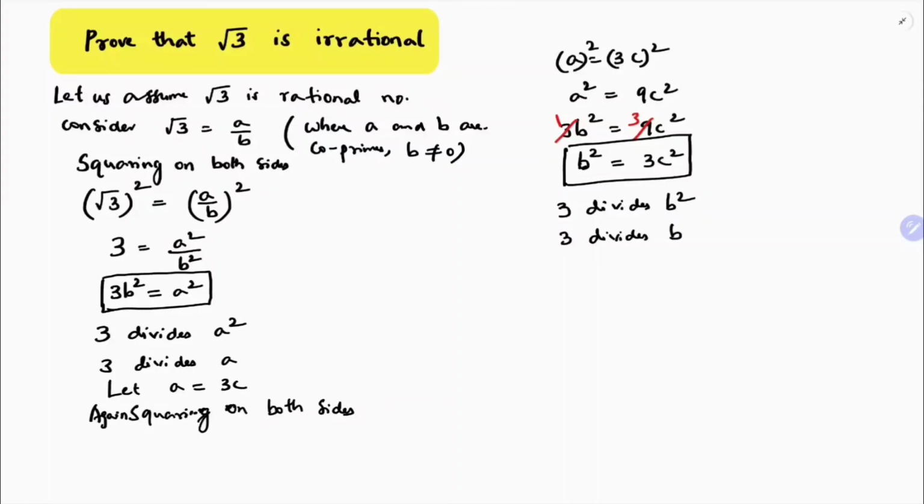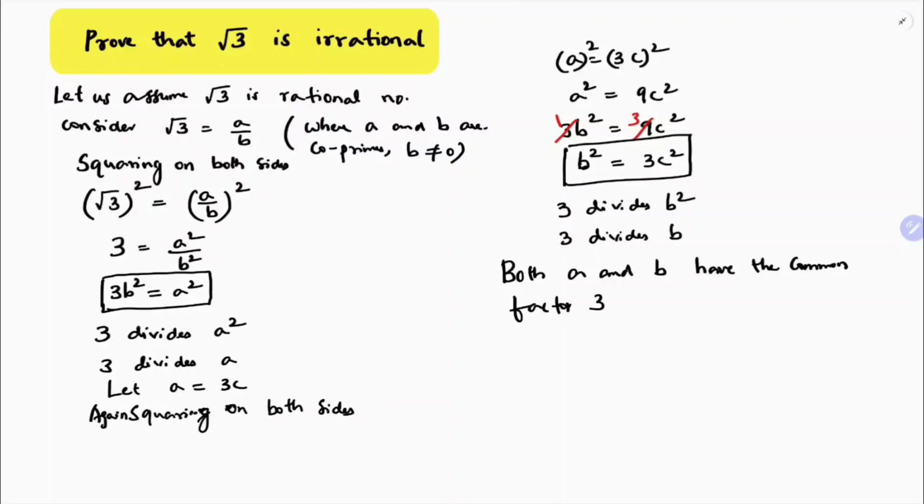So here if you observe both a and b, both a and b have the common factor 3. But I assumed a and b are co-primes, and I got common factor 3.